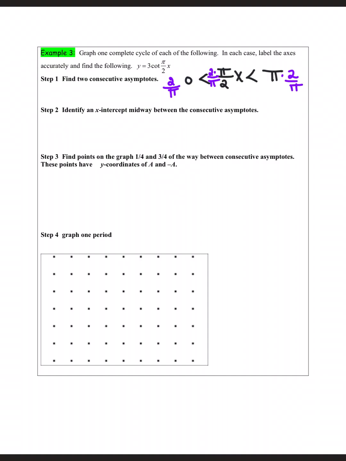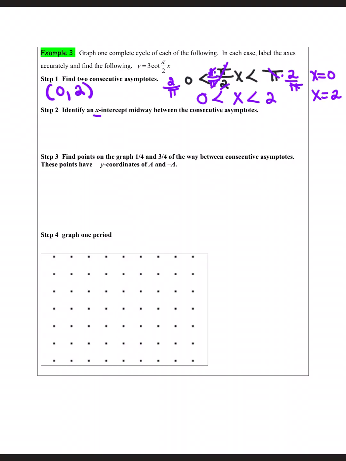So we have that x is between 0 and 2. So here the interval is between 0 and 2. So we have an asymptote at x equals 0, and we have an asymptote at x equals 2.